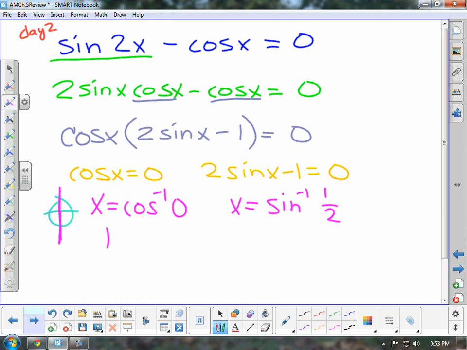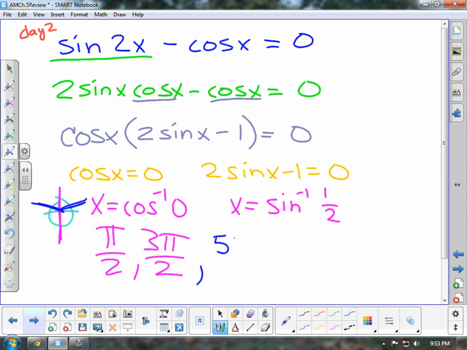So pi over 2 and 3 pi over 2. And the inverse cosine of a half, or inverse sine of a half, would be there and there again, which is 5 pi over 6 and pi over 6. And so there are 4 solutions to this particular equation.